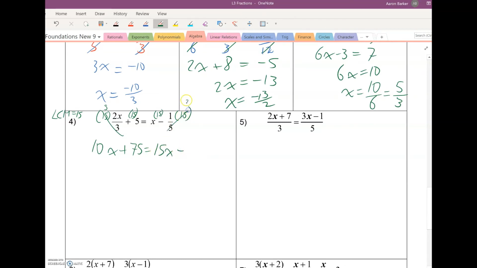Minus, those cancels to 3. 3 times 1 is 3. Okay, so I move 10x to the other side by subtracting. And move 3 to the other side. And we get 78. Okay, and then x equals 78 over 5 lowest terms.